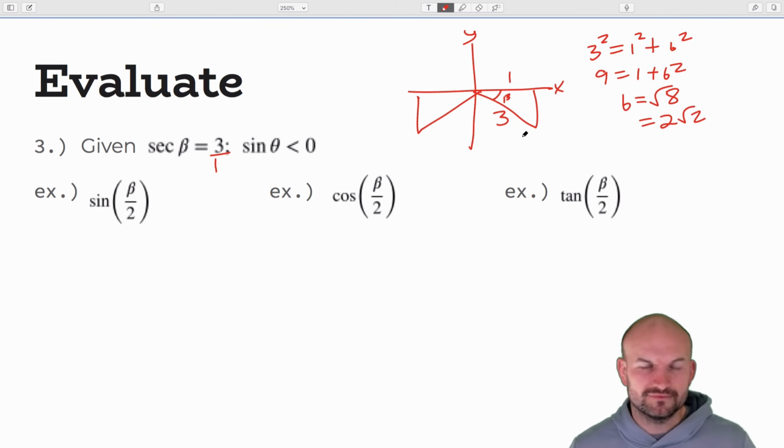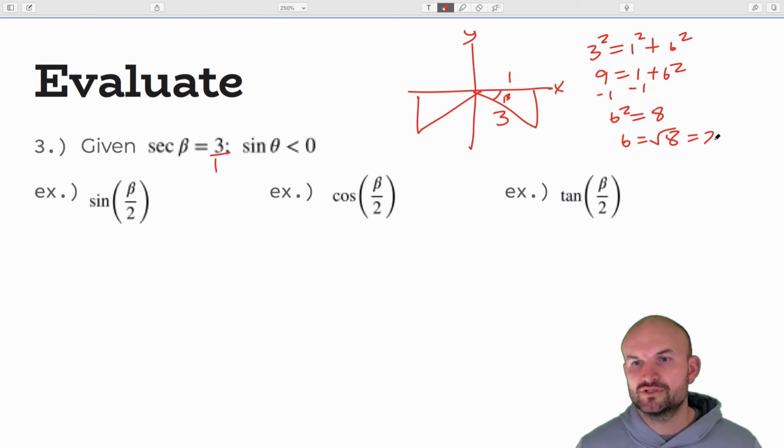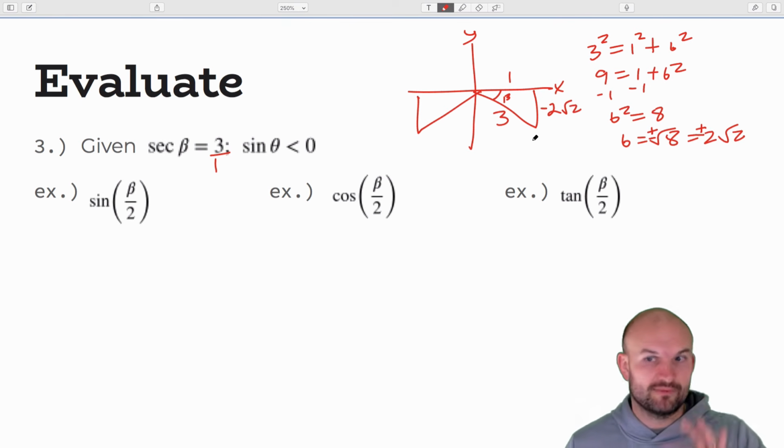So you can subtract 1, so b squared is equal to 8, and b equals the square root of 8, which is equal to 2 radical 2. But again, it's plus or minus, right? And since it's in the fourth quadrant, we know it's going to be a negative 2 square root of 2. And that's why that plus or minus is so important there.